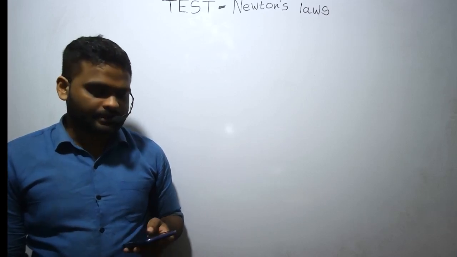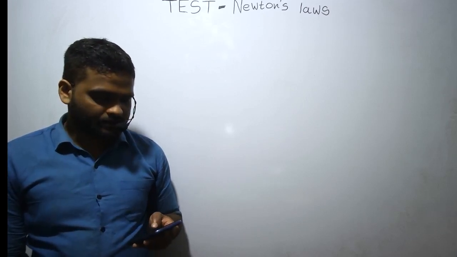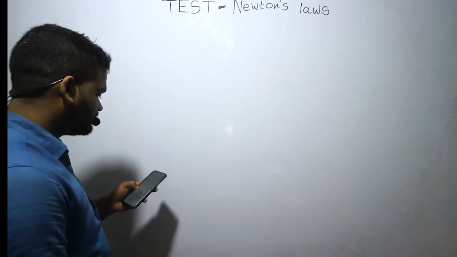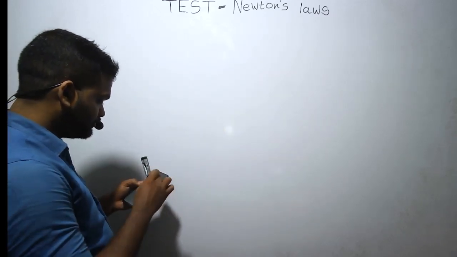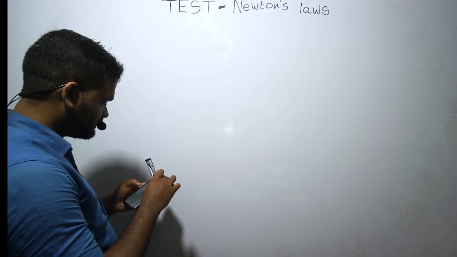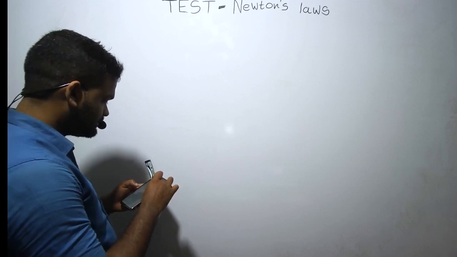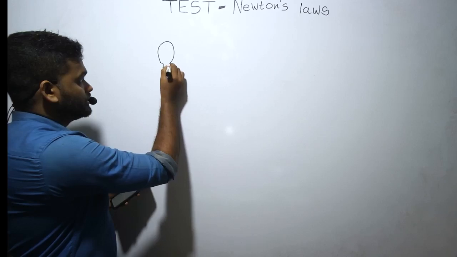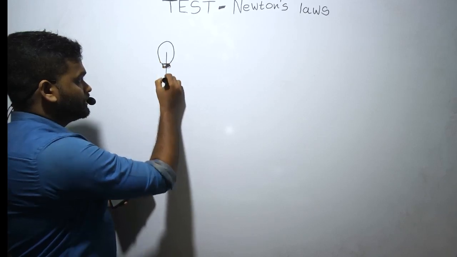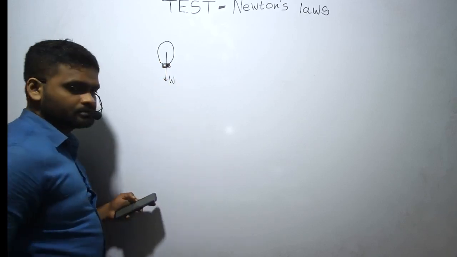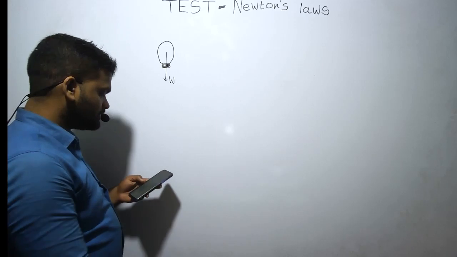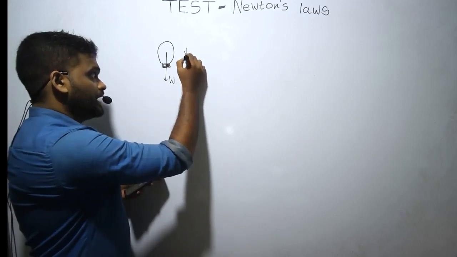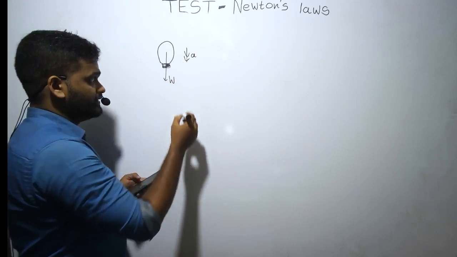Right, 14th. A balloon with total weight W falls at acceleration simple A, which is lower than g. So let's say this is the balloon, and it has a weight W. It accelerates downward at A, right?